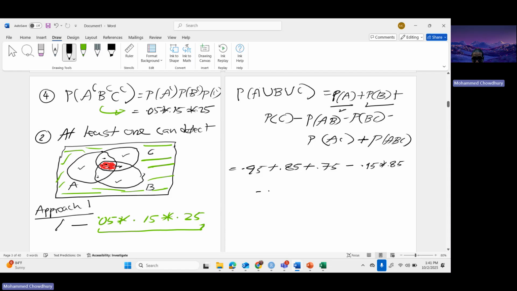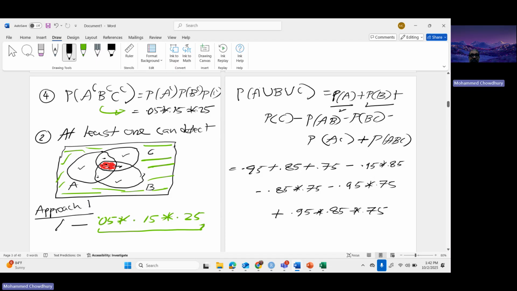Then 0.85 times 0.75. Then 0.95 times 0.75. And then plus 0.95 times 0.85 times 0.75. Clear?